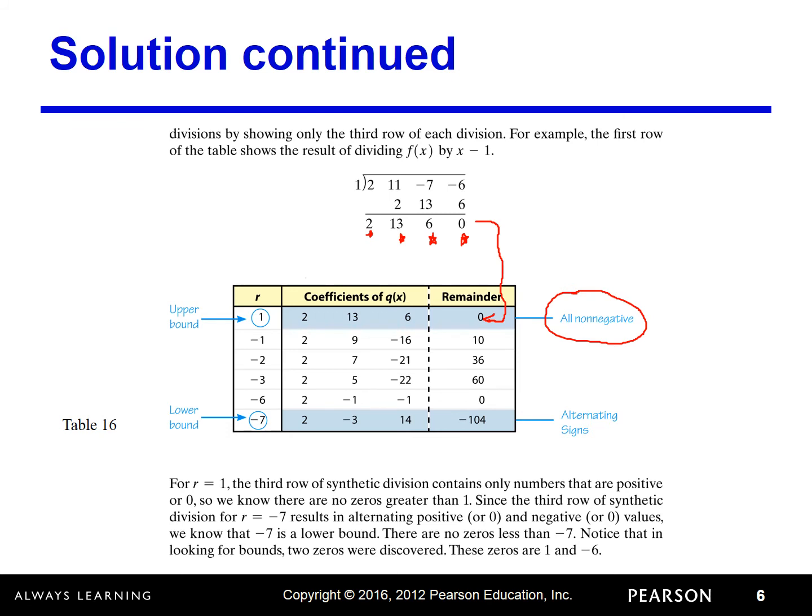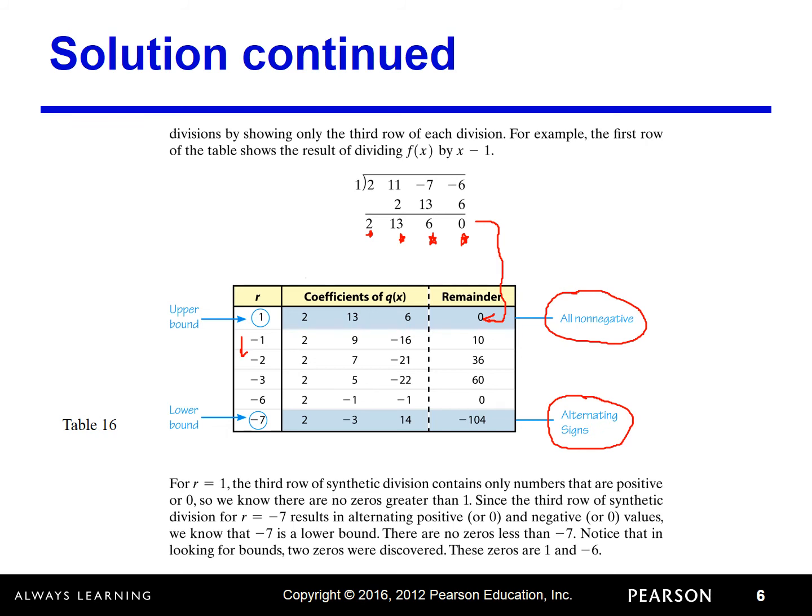Okay. Now, starting at -1 and going greater in absolute value, what do we get when we do the synthetic every time? Now what are we looking for? Alternating non-negative and non-positive.